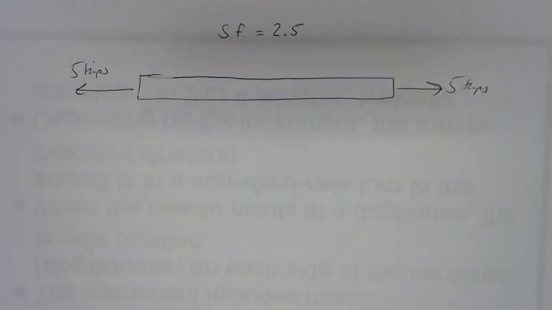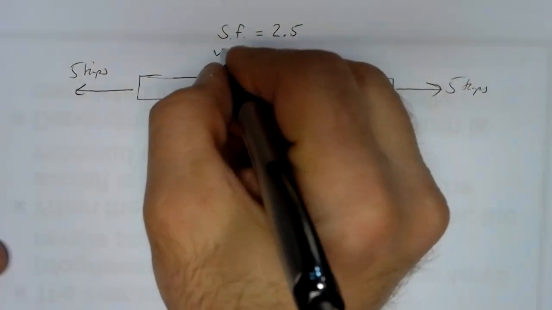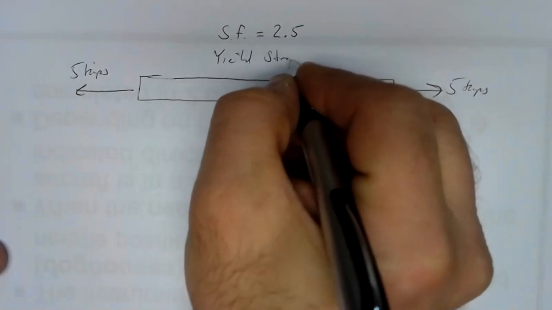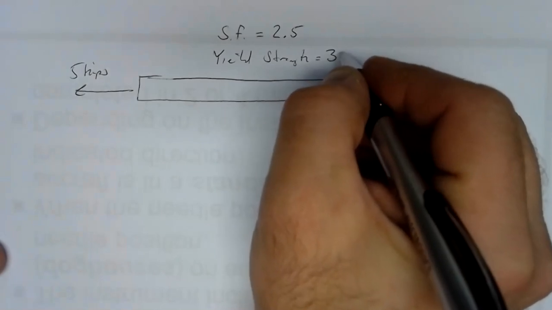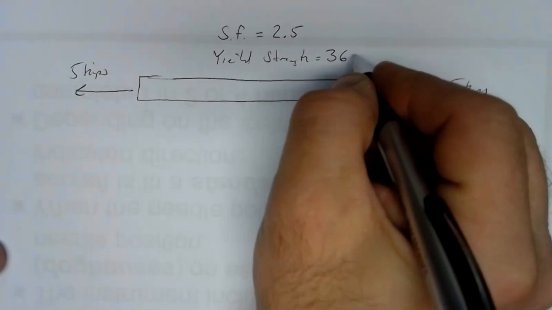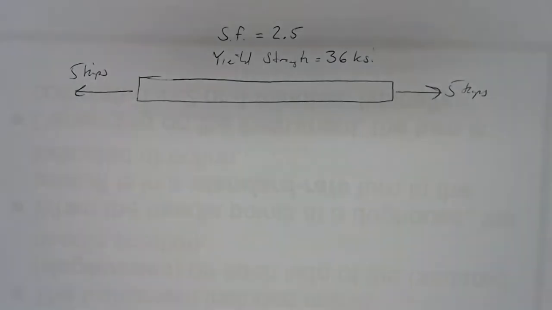Let's go to structural steel, and structural steel has a yield strength of 36 KSI. That's the maximum amount of stress the material can handle.